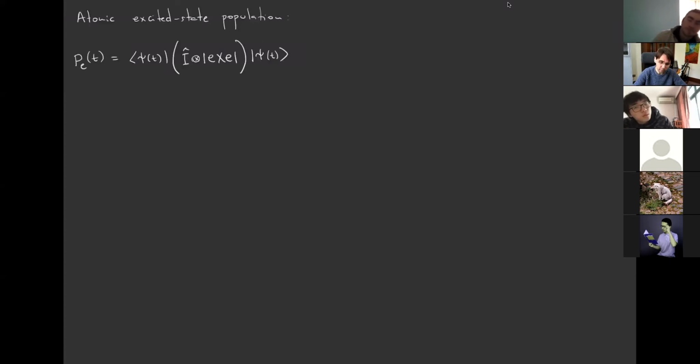This expression is very easy to compute because we can rewrite the identity as a sum over Fock state projectors, and then we get this kind of expression for the operator whose expectation value we are interested in. So it will be n times e.